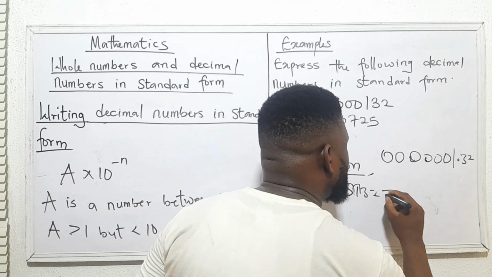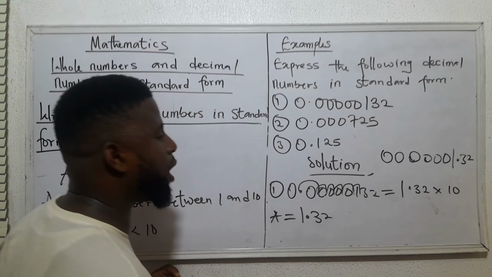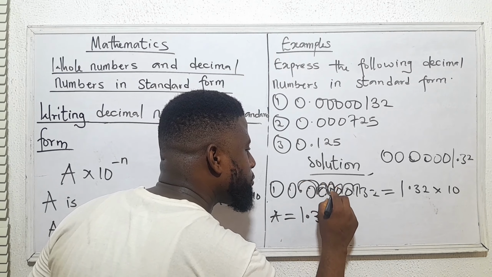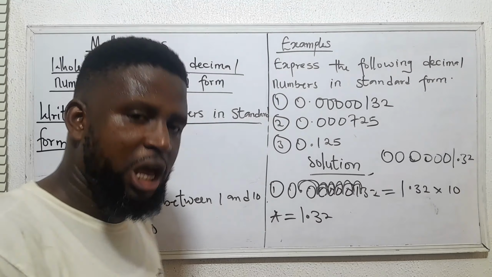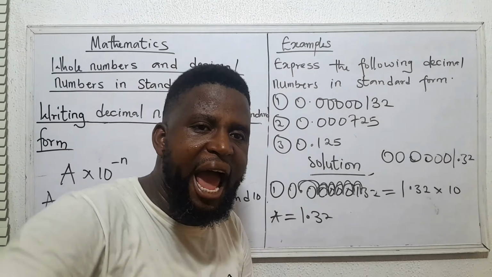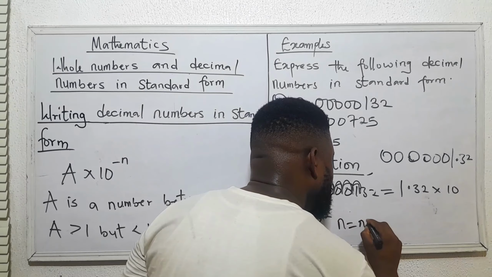So this will now be written as 1.32 times 10 raised to power. How many times did we move forward? 1, 2, 3, 4, 5, and 6. Now, if the decimal point moves forward, then our n will be negative.